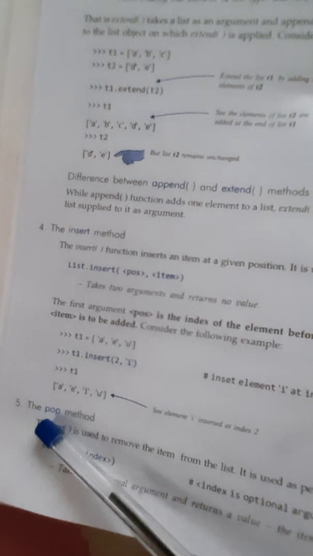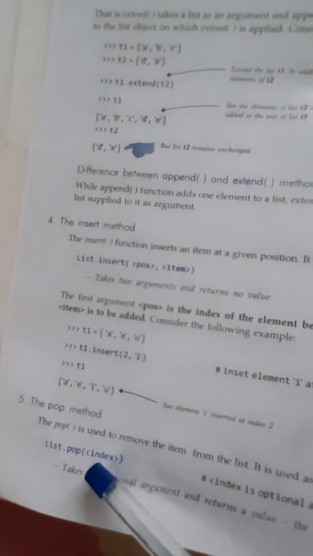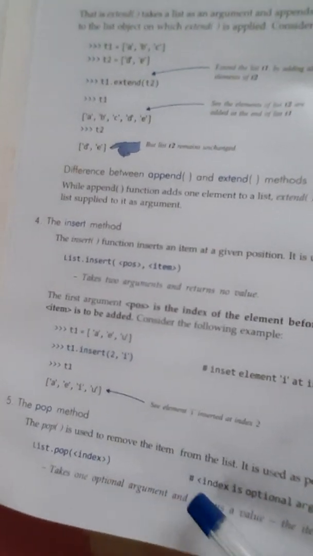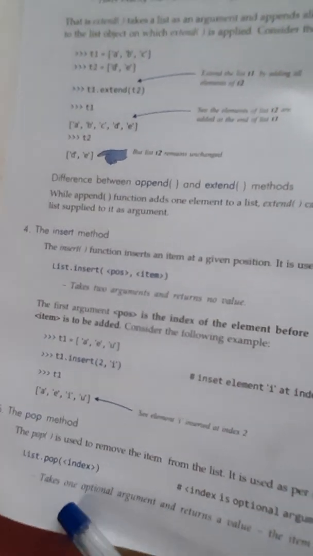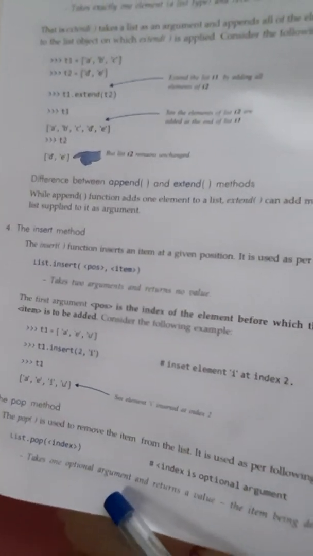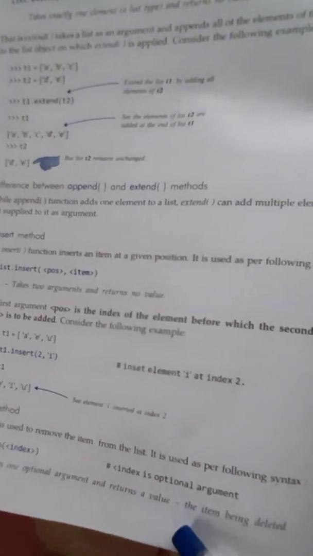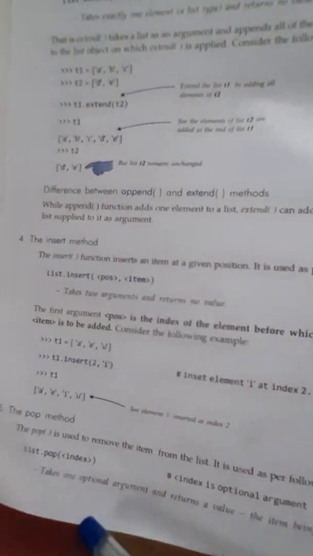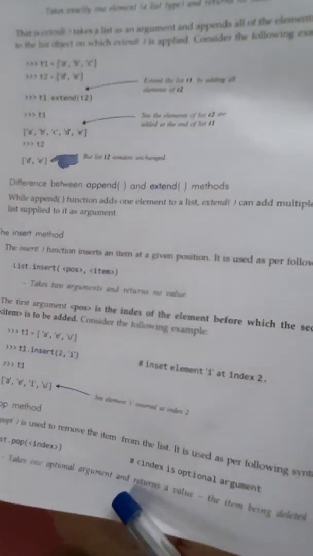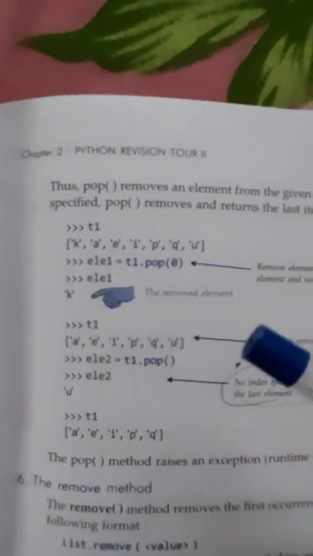Then the next method is the pop method. This is used to remove an item from the list: list dot pop of index. It takes one optional argument and returns a value, the item being deleted. Look at the example given here.